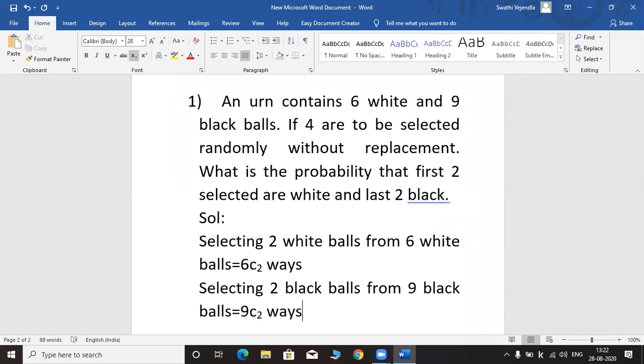So selecting 2 white balls from 6 white balls can be done in 6C2 ways, and selecting 2 black balls from 9 black balls can be done in 9C2 ways.